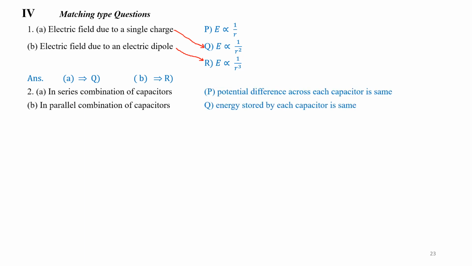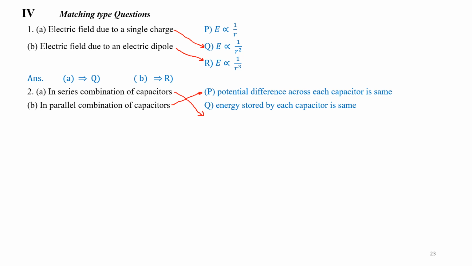Question number 2. In a series combination of capacitors, the charge on the capacitors is the same. So A matches with R. In a parallel combination of capacitors, the potential difference is the same. So B is to P. So A is to R, B is to P. Question number 3.